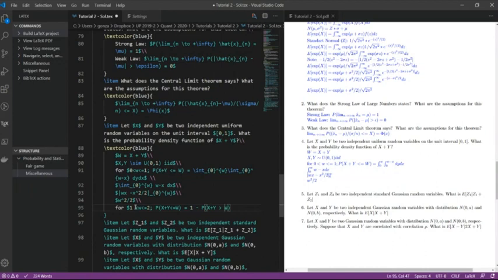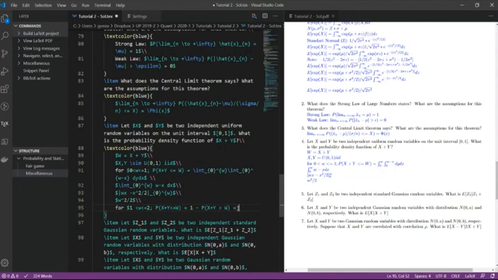Okay? Now, since we did this, we can apply the same logic that we did over here. However, we're not looking from the lower bound anymore. We're looking from the upper bound to the middle. Okay?